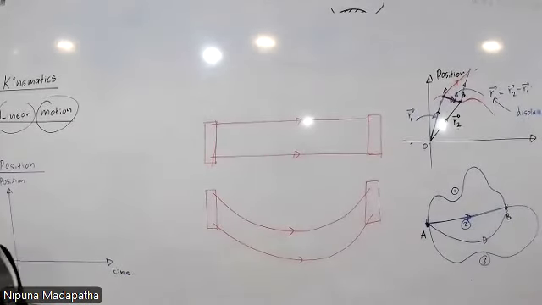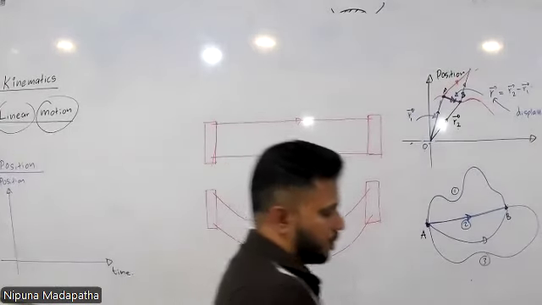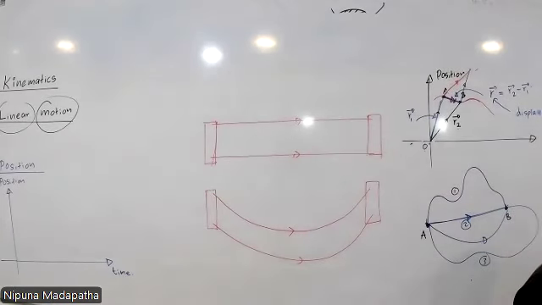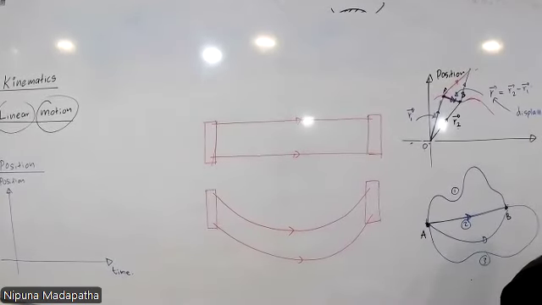All the motions in the universe are classified into three main types.